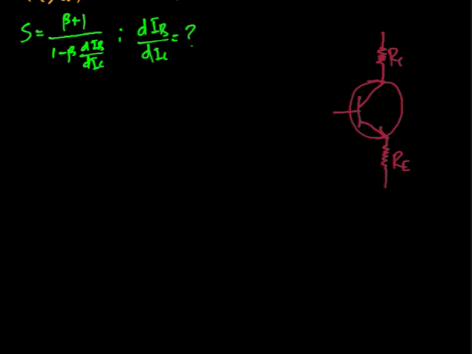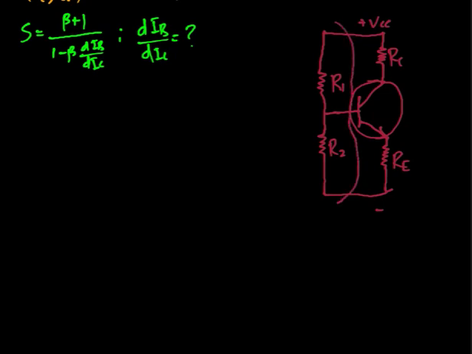Across the collector we have a collector resistance RC, and across the emitter we have a resistance RE for stabilization. Across this VCC the base is connected through a resistance R1 and another resistance R2.